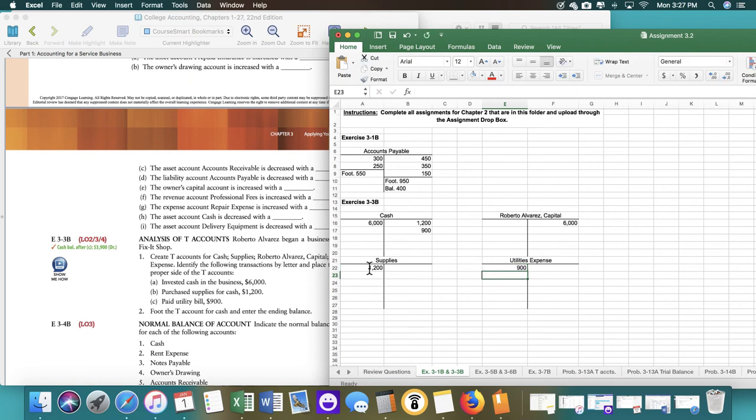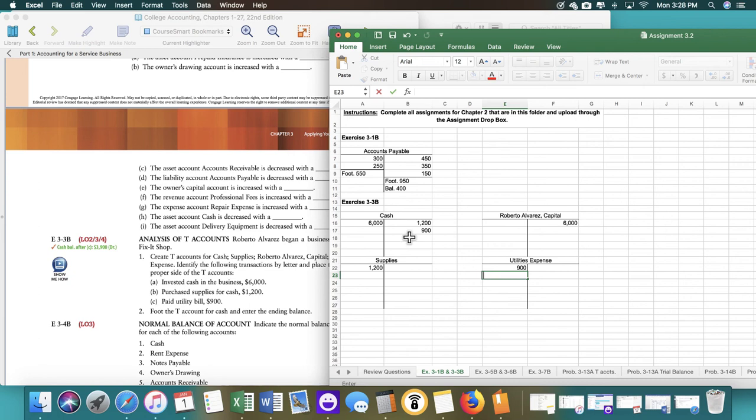Expenses are a type of contra owner's equity account, which means it's increased with the opposite of what it normally would be. Owner's equity is normally increased with a credit. So for contra owner's equity accounts, it's going to be increased with a debit. The same is true for the owner's drawing account.